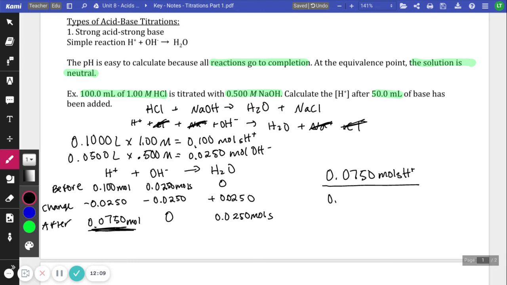So I had 0.100 liters of my acid plus 0.050 liters of my base. So add those together and solve it. Go ahead and plug it into your calculator.